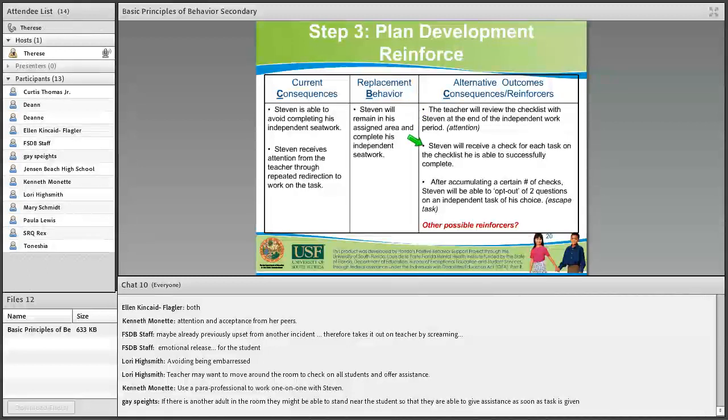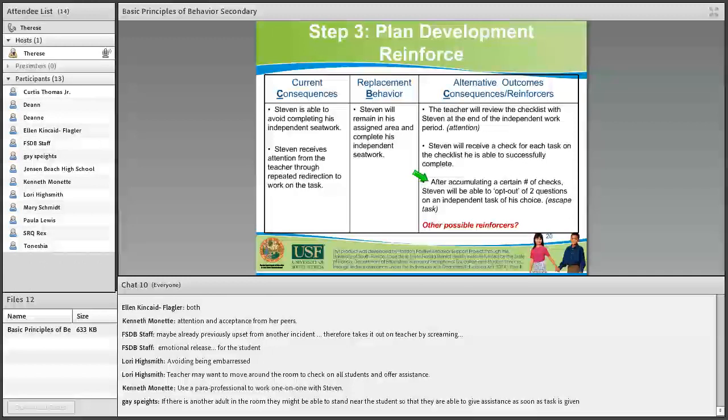We can also teach him how to put a check mark down for each task that he's able to successfully complete. And then after he gets a certain number of checks, he'll be able to opt out of 2 of the questions on an independent task of his choice. So this might take him some time to earn, but then we're also meeting the possible function of escaping or avoiding the task on the independent seat work.